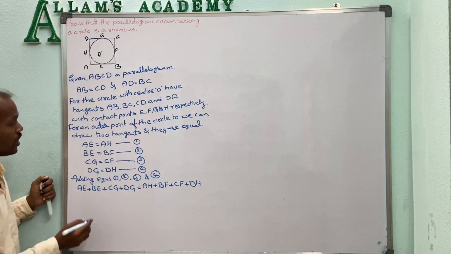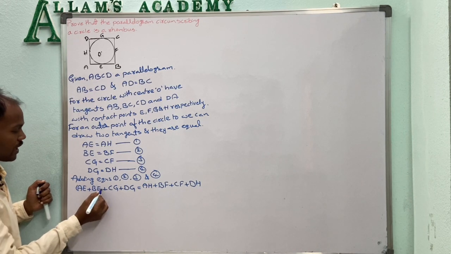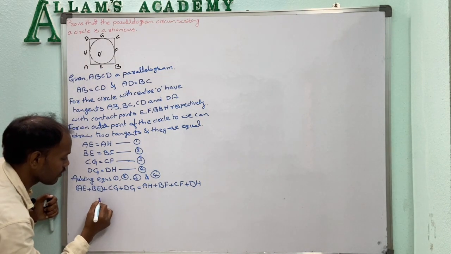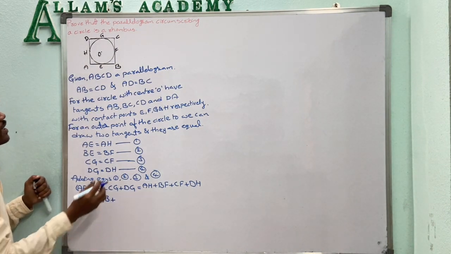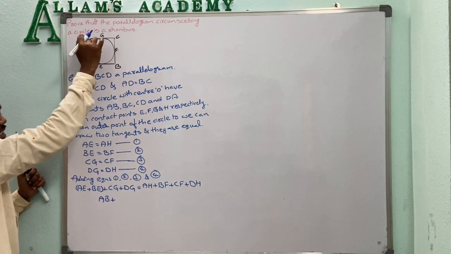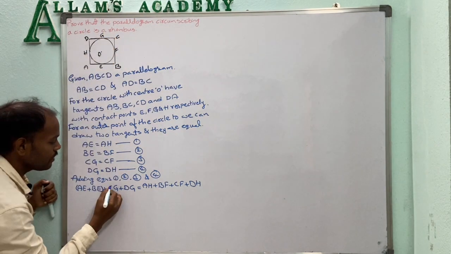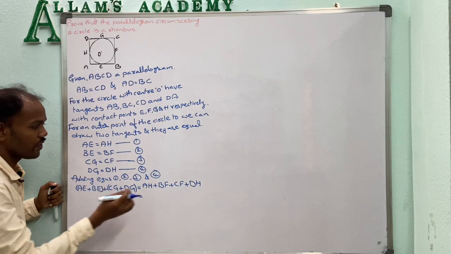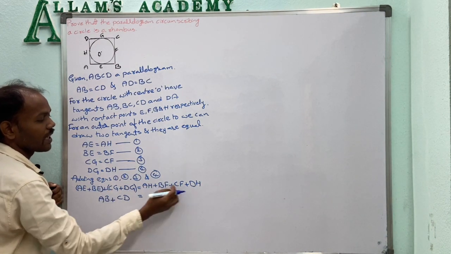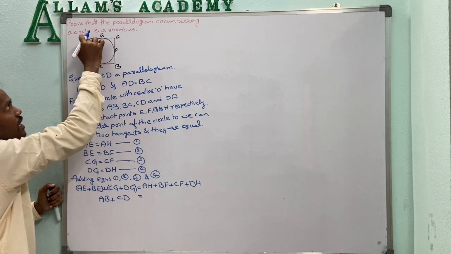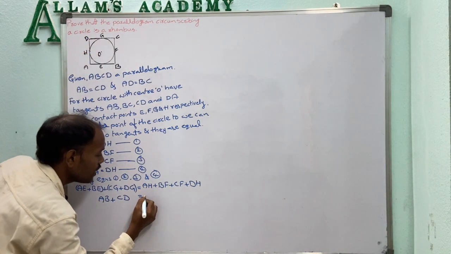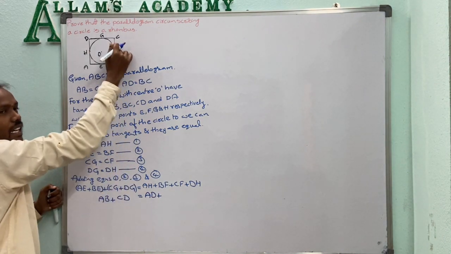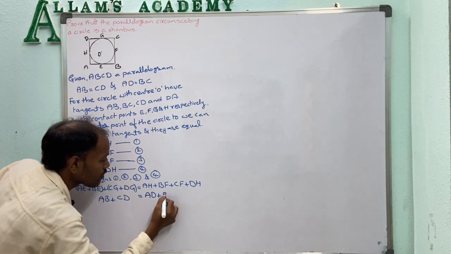Now if we observe, AE plus BE is nothing but the side length AB, and CG and DG are nothing but the side length CD. And AH plus DH is nothing but the side length AD, and BF plus CF is nothing but the side length BC.